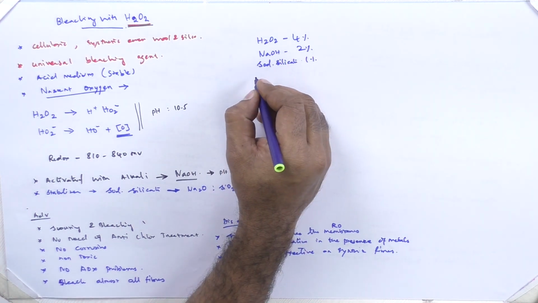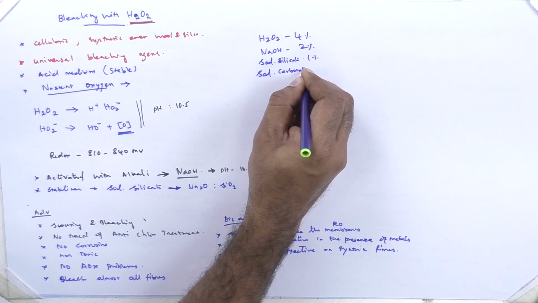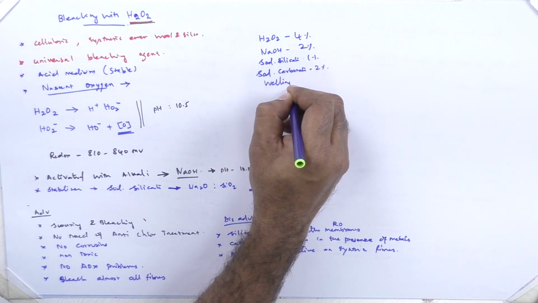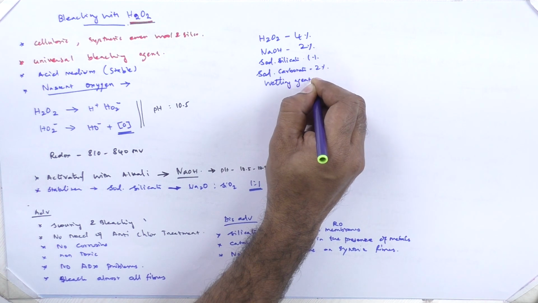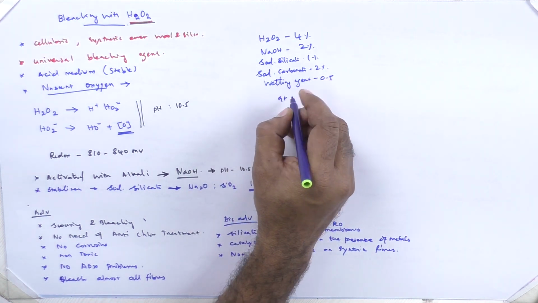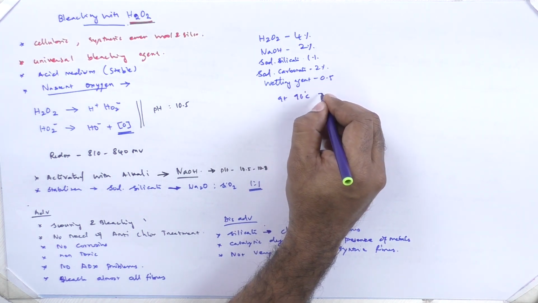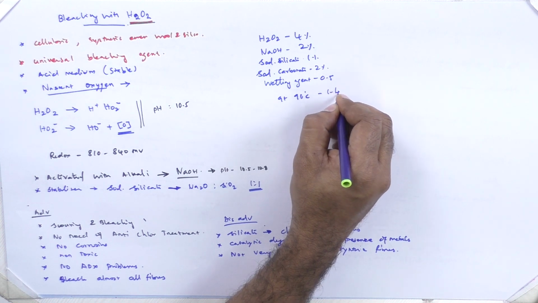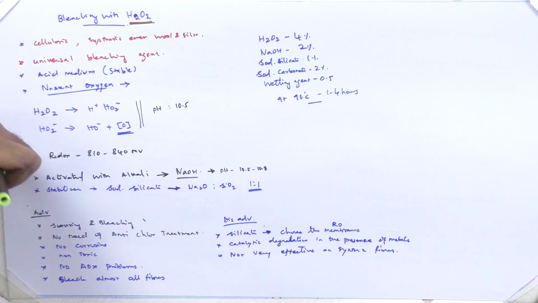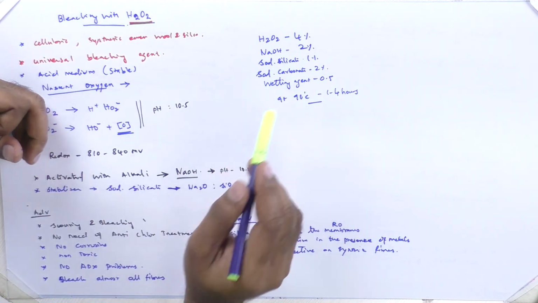We can even use sodium carbonate 2%, wetting agent 0.5% at 90 degrees Celsius for 1 to 4 hours. We can increase or decrease the time by decreasing or increasing the temperature of the bath.